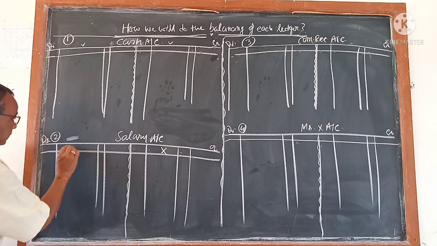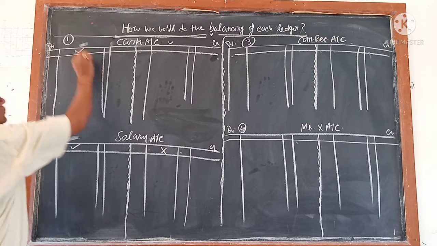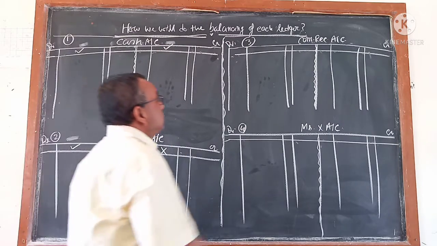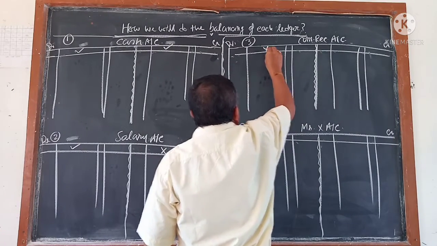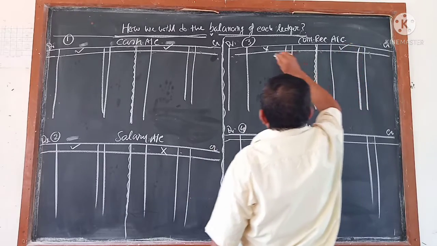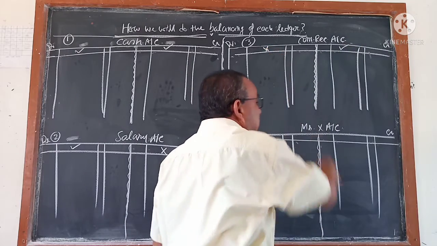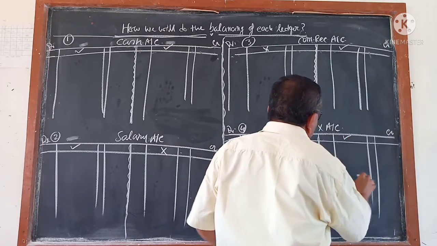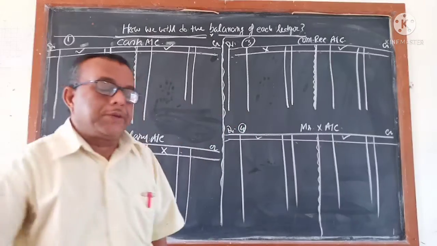I am writing it here. In some accounts, debit side posting is not there but credit side posting was there. And in some accounts you will find both side postings were there, but the total of both sides is the same.